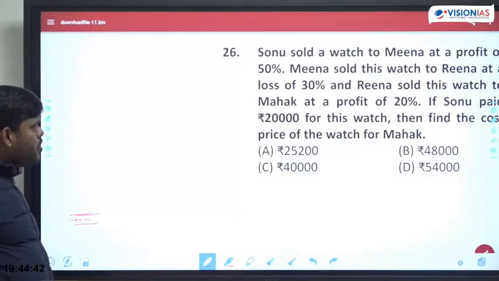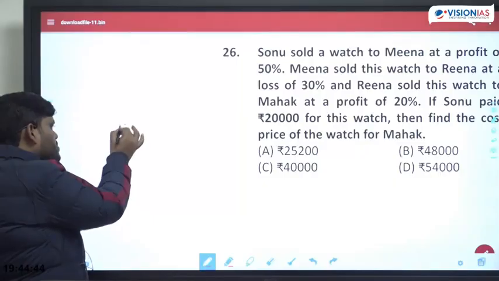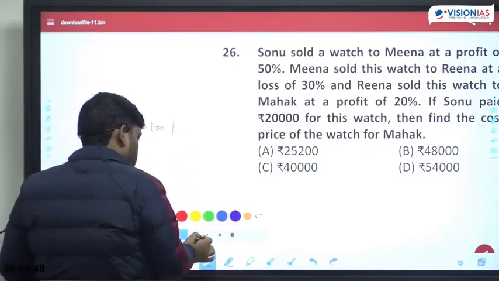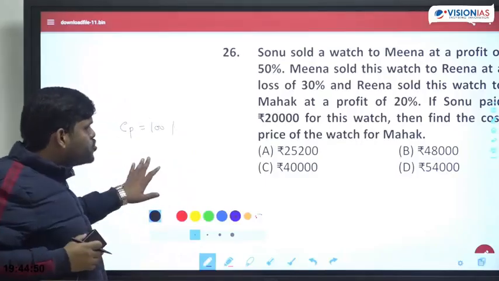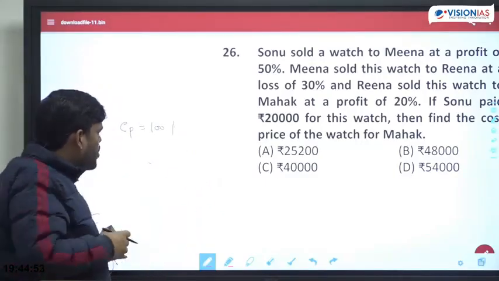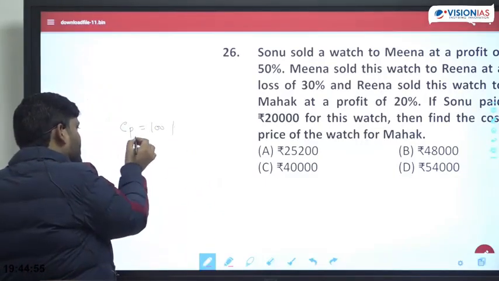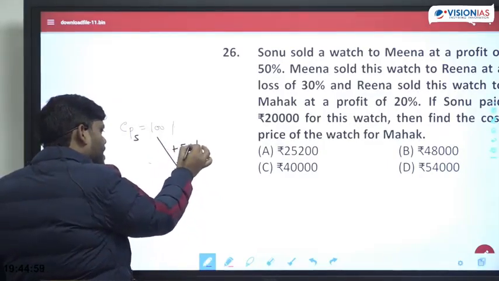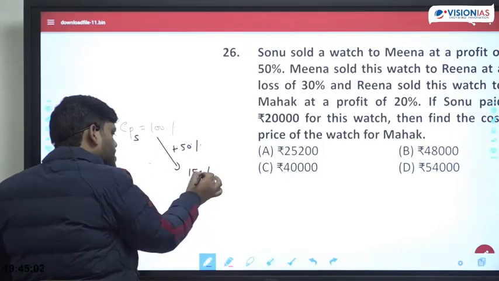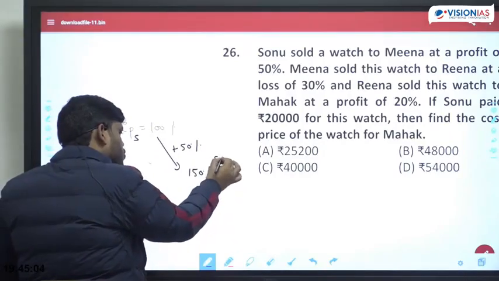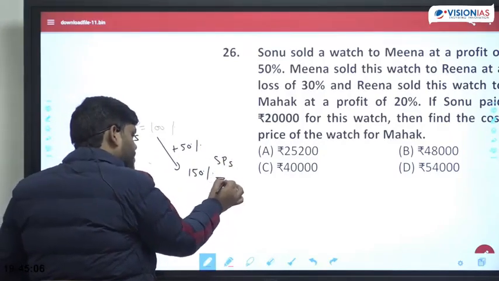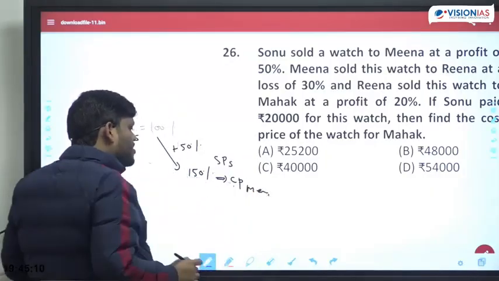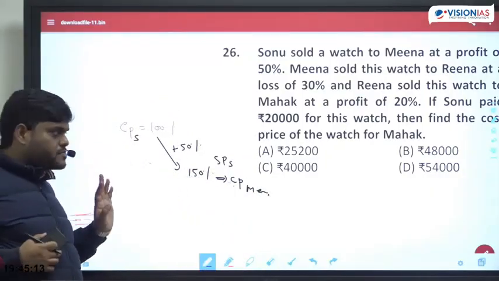Okay, so suppose the cost price for Sonu was 100%. Now Sonu sold a watch to Meena at a profit of 50%. So what will the selling price for Sonu be? If there is a 50% profit, that means this becomes 150%. This is the selling price for Sonu, but at the same time this is the cost price for Meena also, or not?